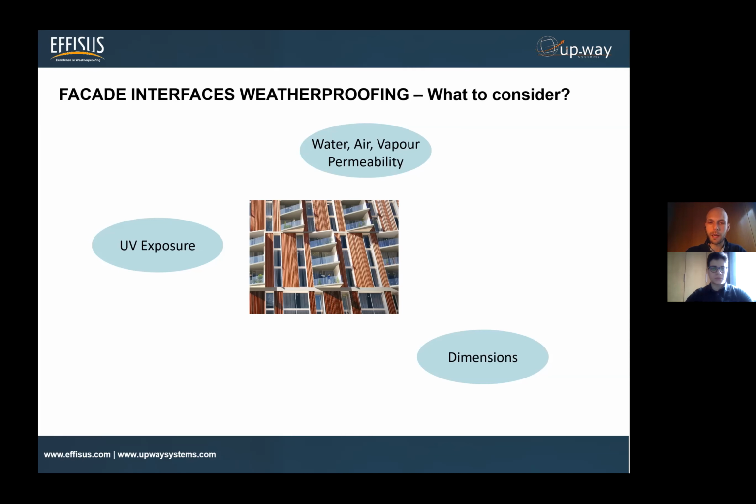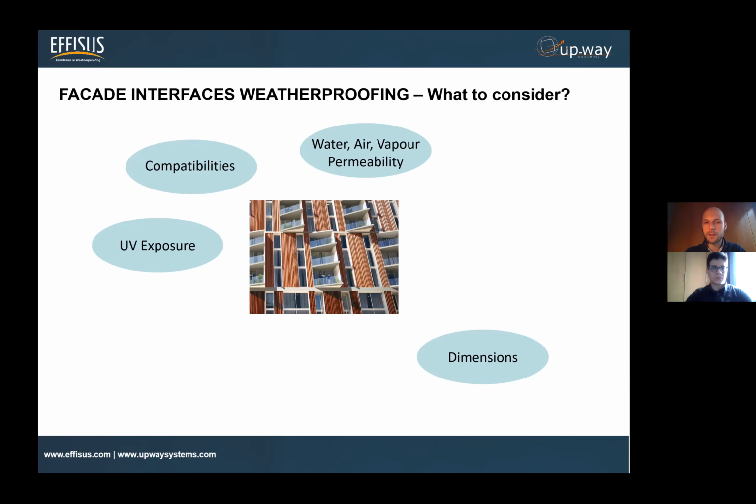And we know that sometimes it's not easy to change to a wider membrane at the moment that you are installing. Sometimes there's a lack of product availability. Sometimes that membrane is only available in that width. So we need to be very careful on that as well.